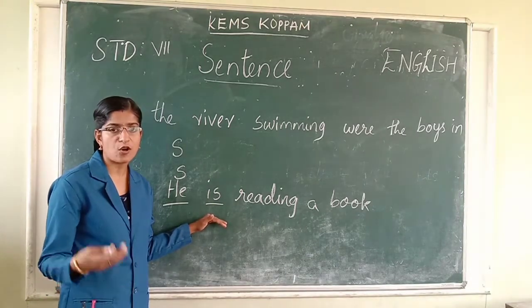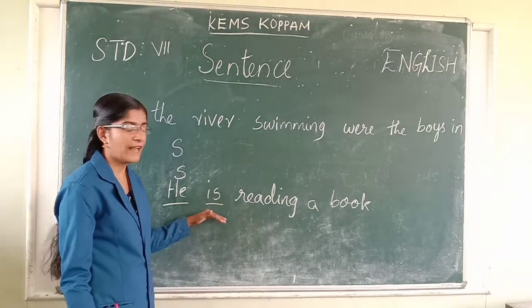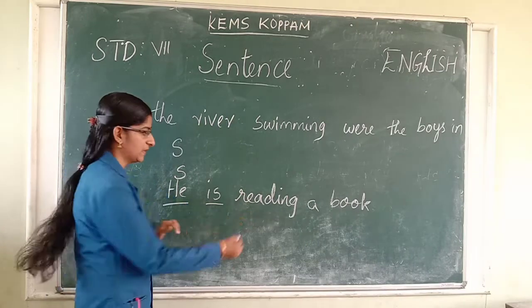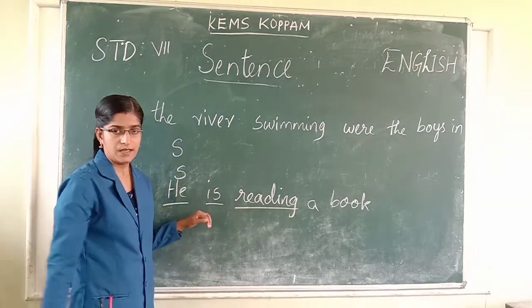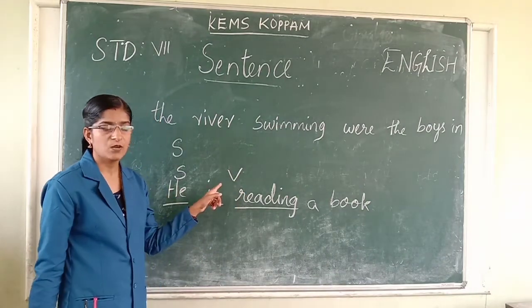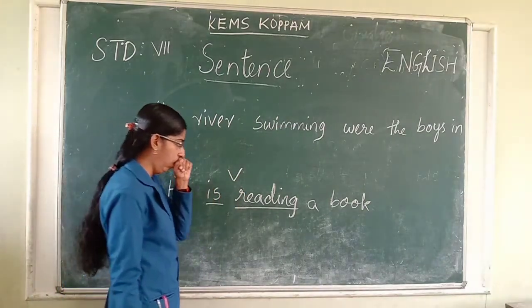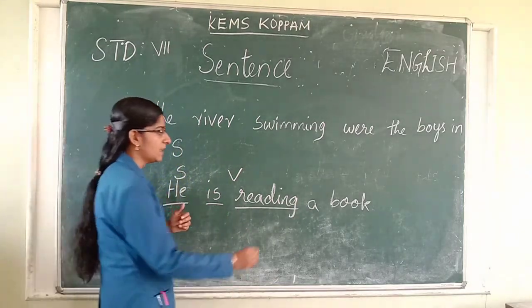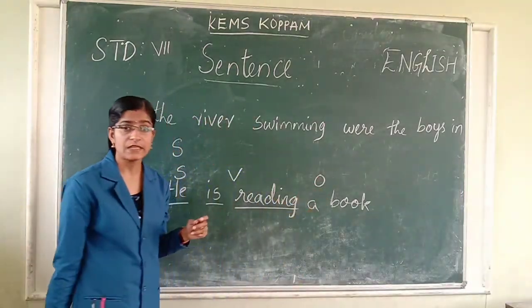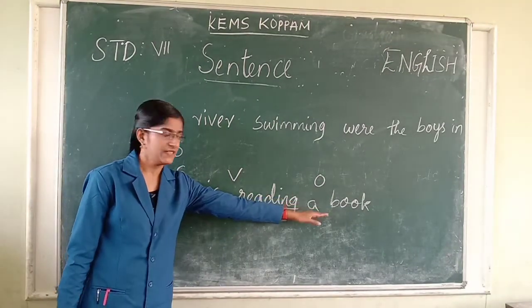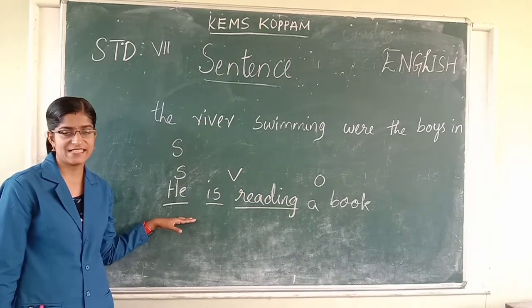All these are called auxiliary verbs or helping verbs. And after that, what comes? The main verb. Read. Reading. Then a book. What does he read? A book. This is called object. Okay, subject, verb, object. This is the structure of a sentence.